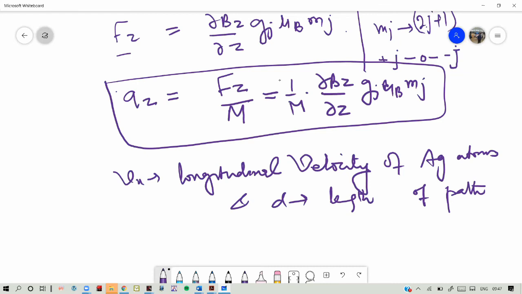Then during the time t, the atoms will experience the transverse force because of the applied external magnetic field. That t can be written as d upon Vx.